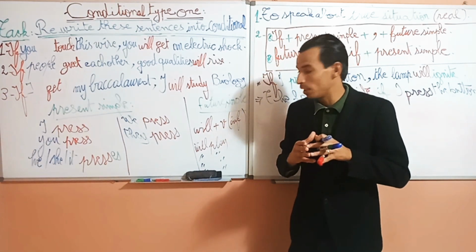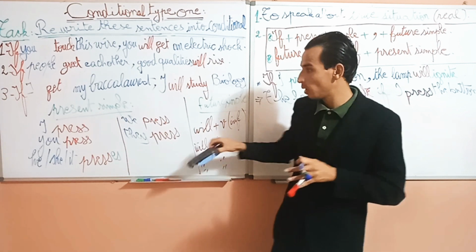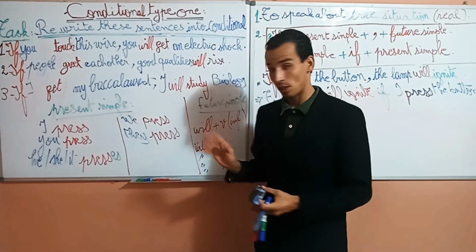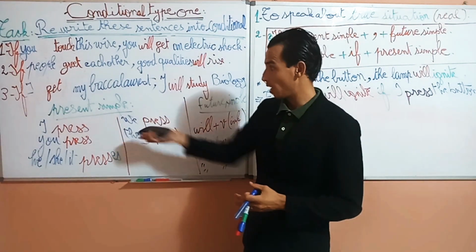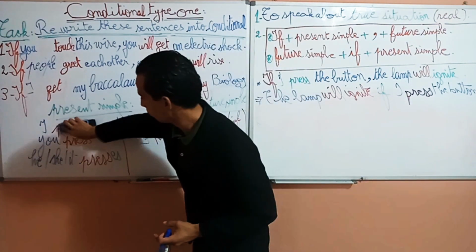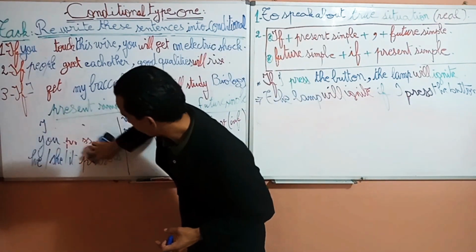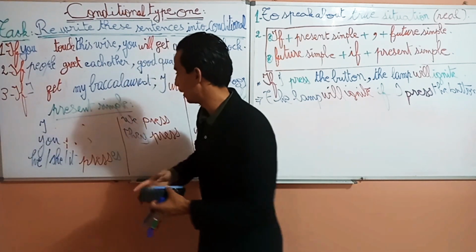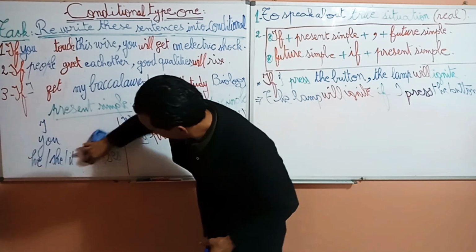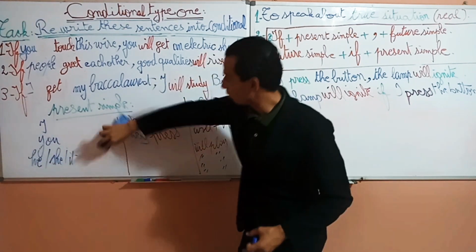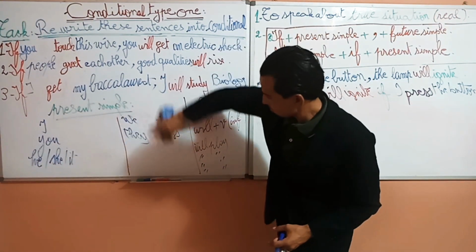What is the negative form? This is the affirmative, so just write it down in your copybooks. The negative form, we clean. In the negative form, the verbs change, okay?